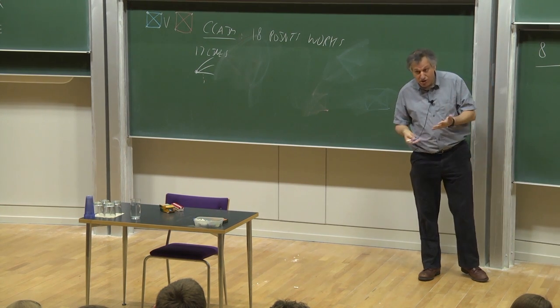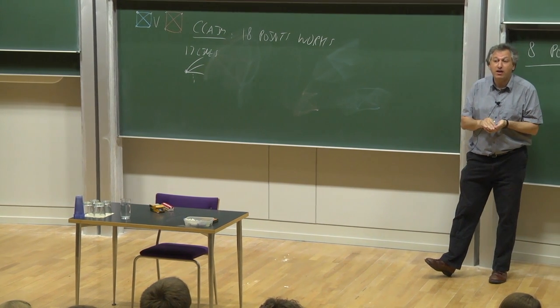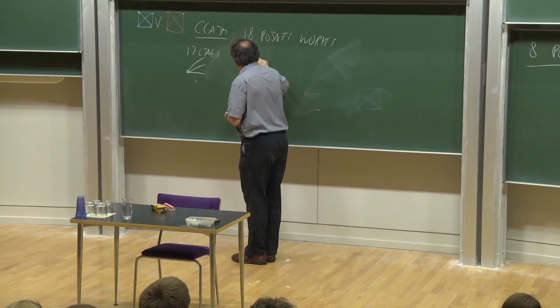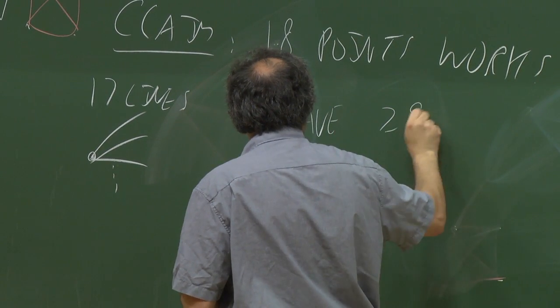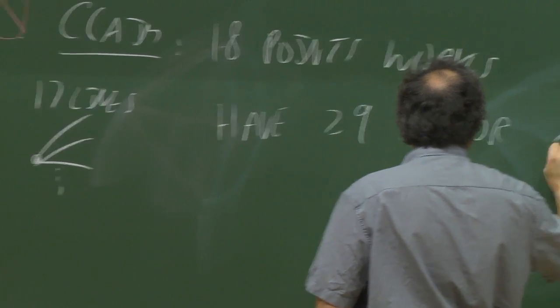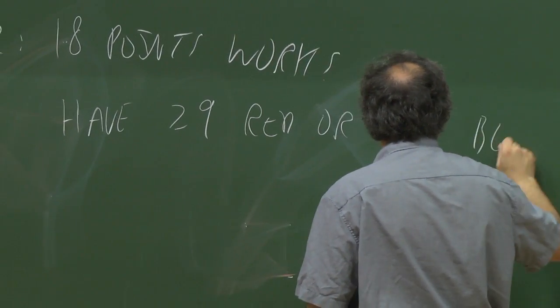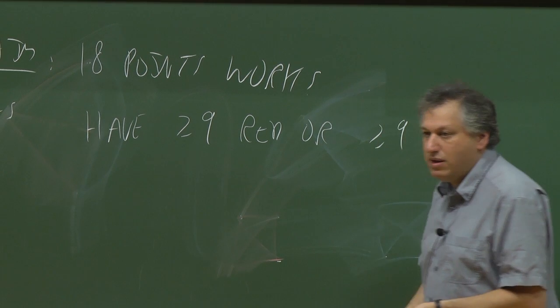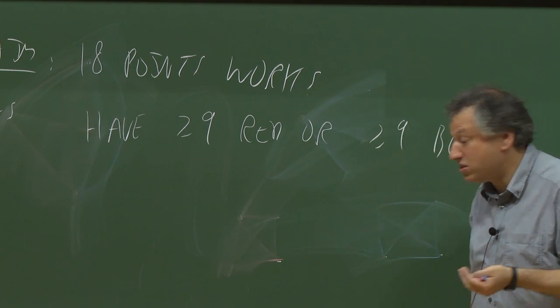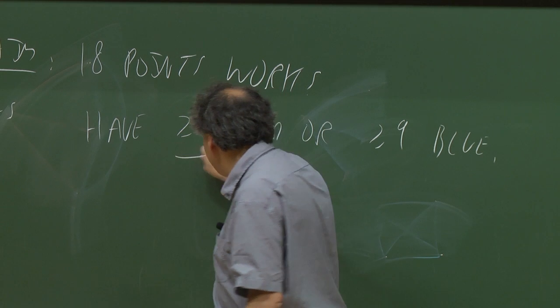So it's certain you've got at least 9 of one colour. Have at least 9 red, or at least 9 blue. Let's do this case first. Of course, by symmetry, it'll be the same as the other case. I'll do this case. So let's do the case of at least 9 red.